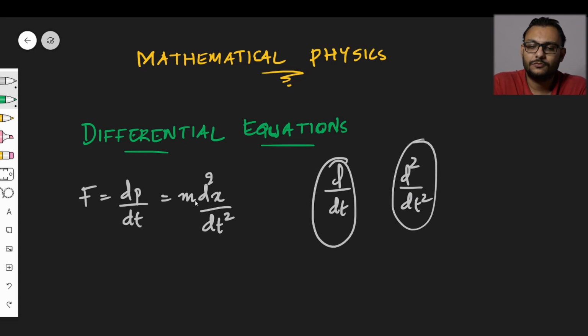So basically, differential equations are those equations which involve these kinds of derivatives. In physics, we will encounter such equations a lot. For example, force is a good example. If we move on to the harmonic oscillator, there also we will find differential equations.